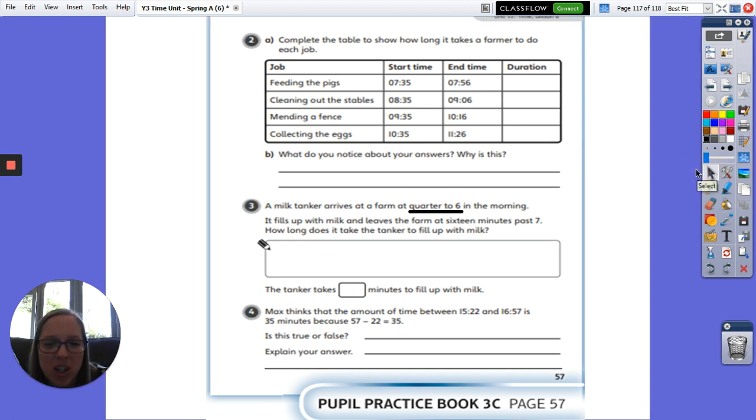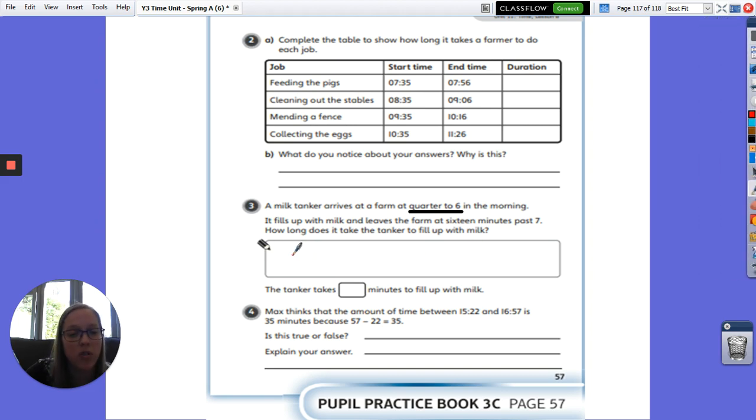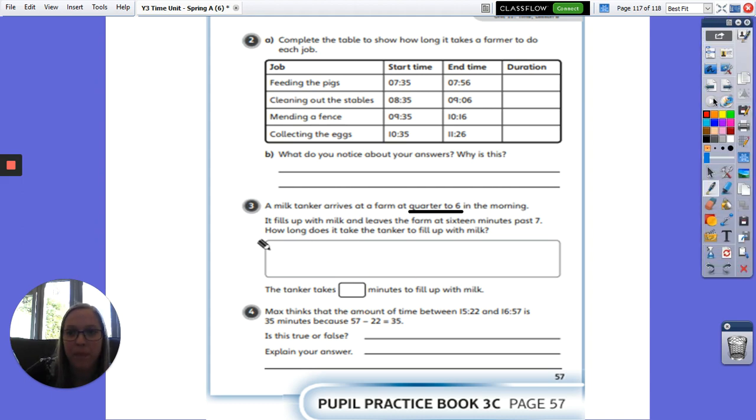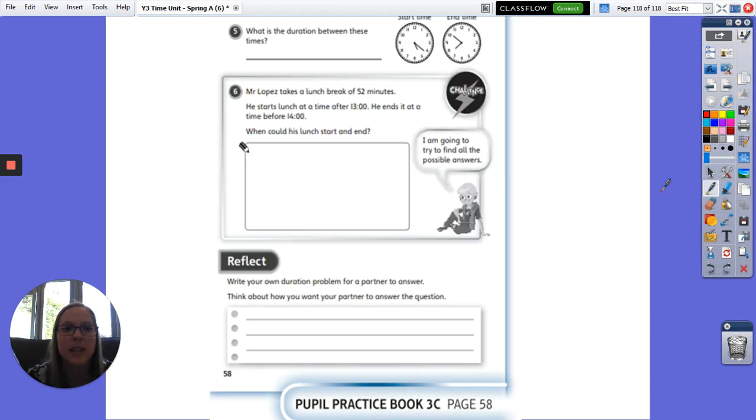What would it look like on a digital clock? It fills up with milk and it leaves the farm at 16 minutes past 7. How long does it take to fill the tanker up? You've got a box here to show your working out. Please use that box to show your working out. I expect you in this box to write your times as digital, and that will help you with your working out, okay?